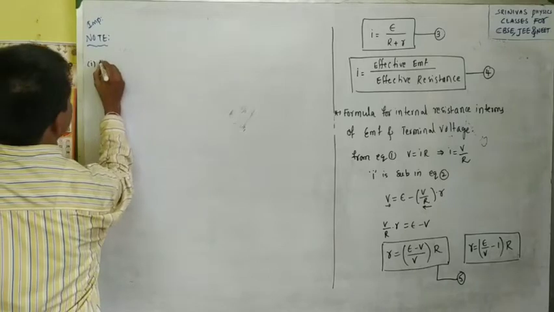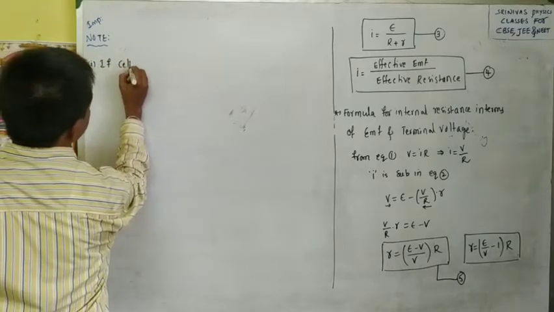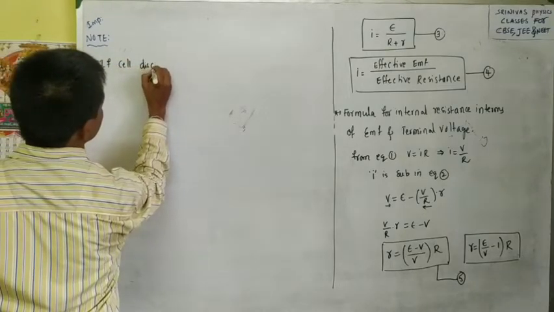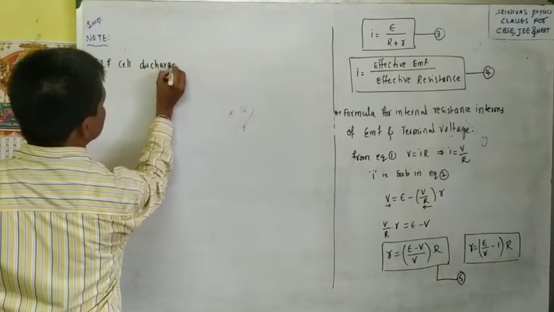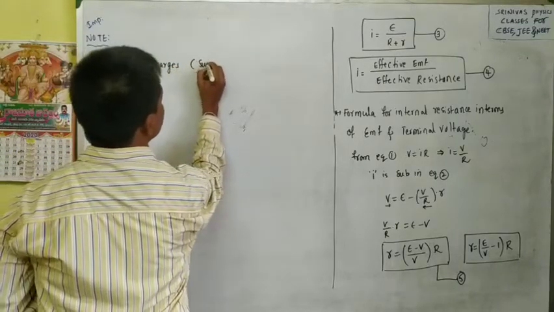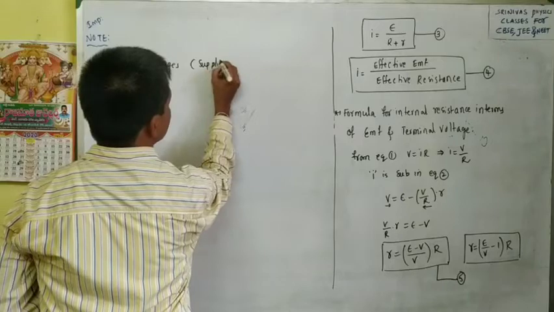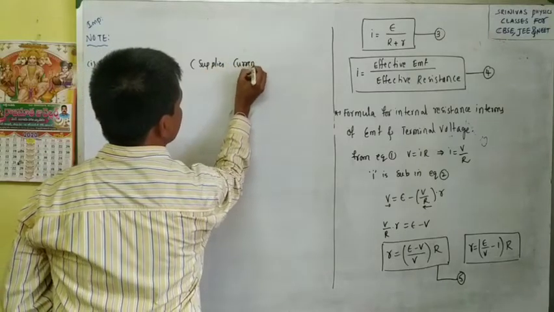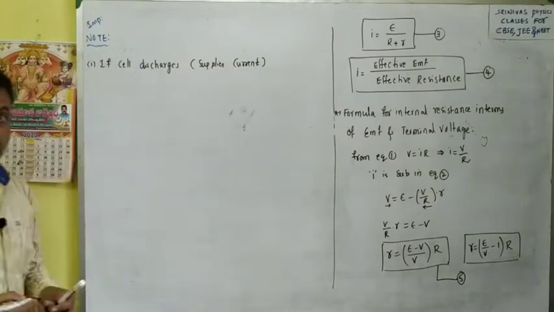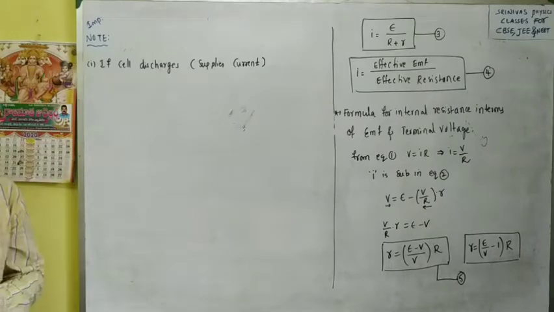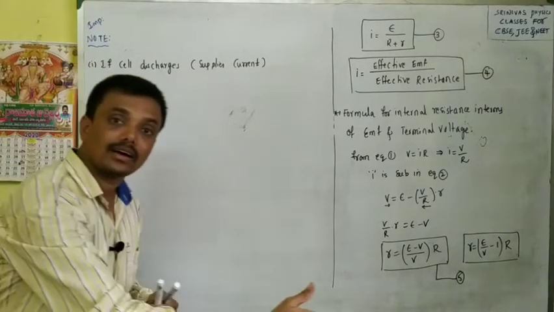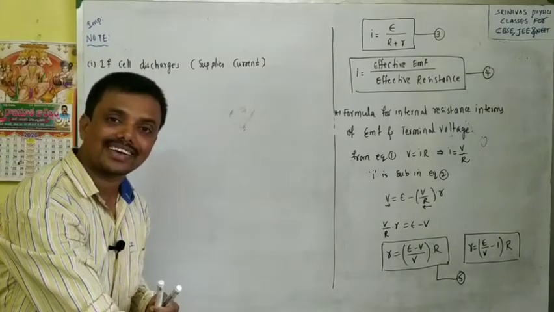If a cell discharges, it means it supplies the current. For example, chargeable cells, chargeable batteries are also there. To charge a battery, we supply the current to the battery.